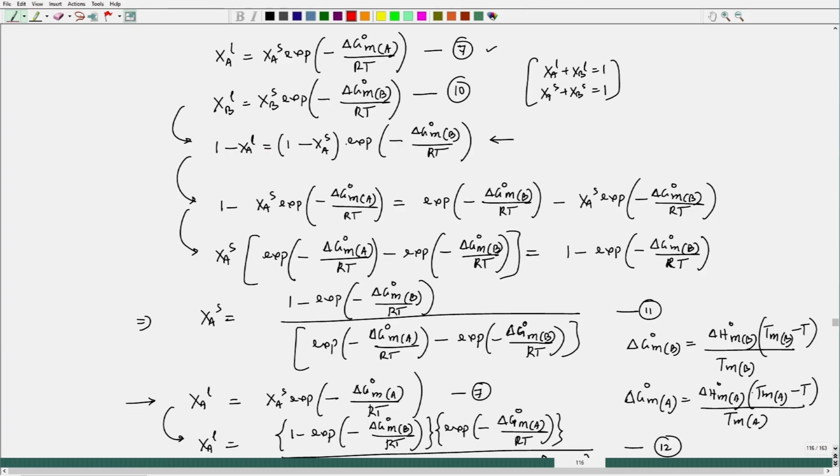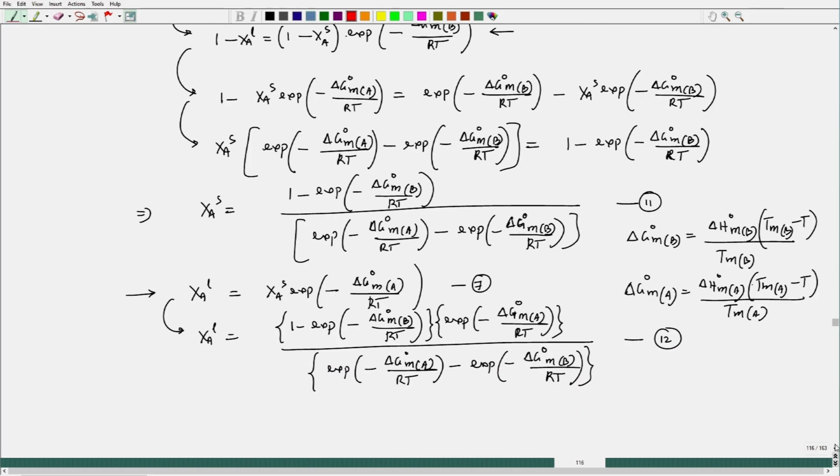Now you see equations 11 and 12 and these two equations will give us the entire isomorphous phase diagram, from the melting point of B to the melting point of A.